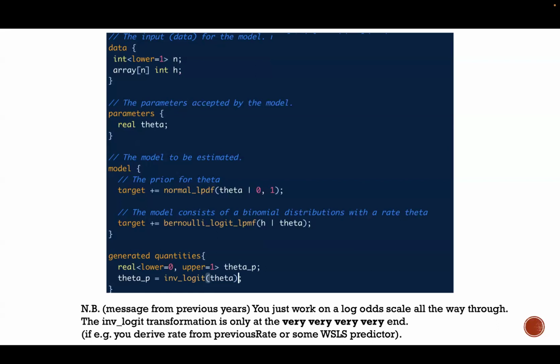You don't do the inverse logit on the beta, right? It's only when you put all of them together into a rate that determines the heads or the choices that you do the inverse logit. You work in log odds till the very, very end, because as soon as you start doing inverse logit before the very end, you're going to make mistakes.